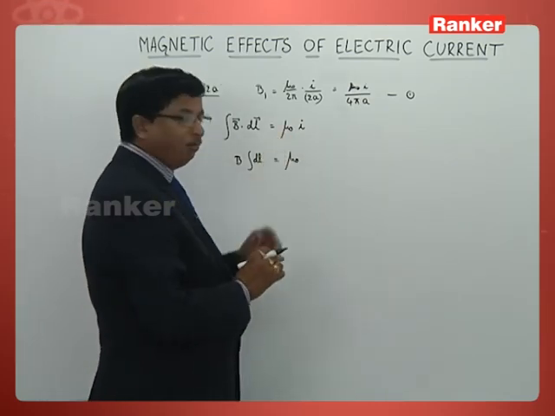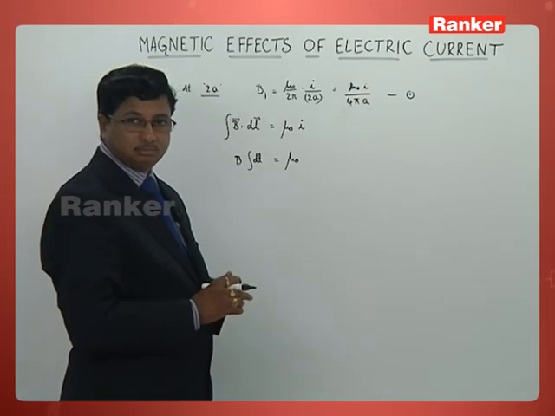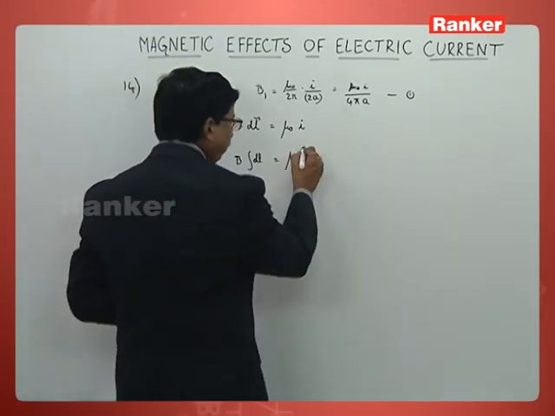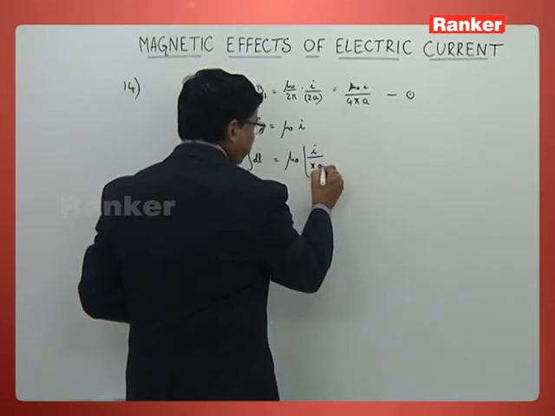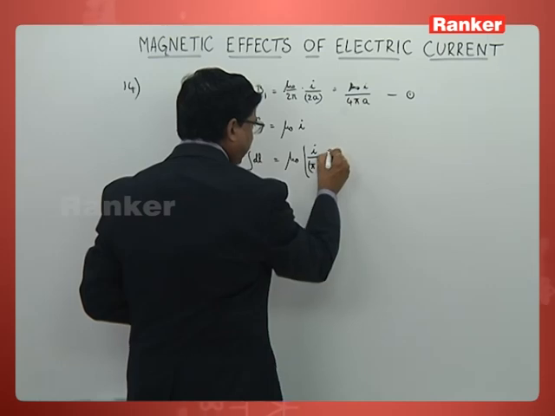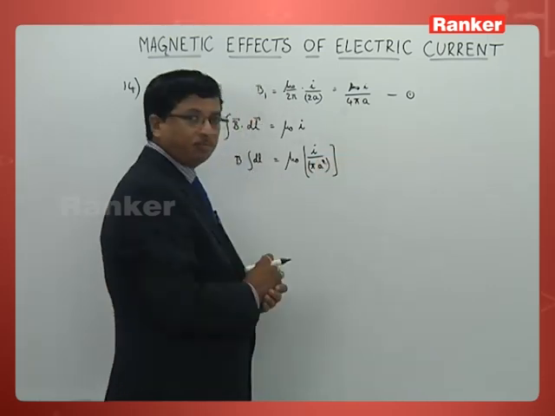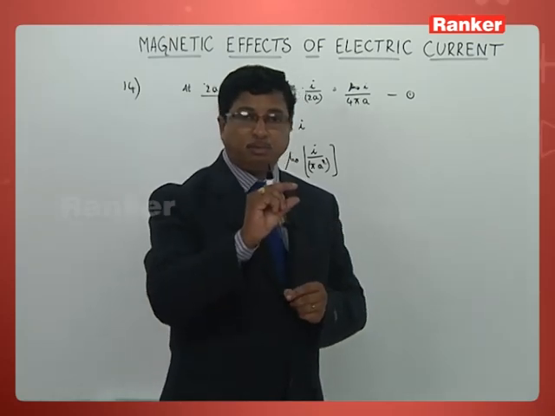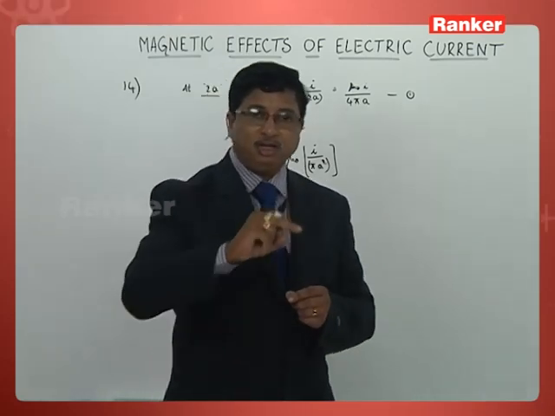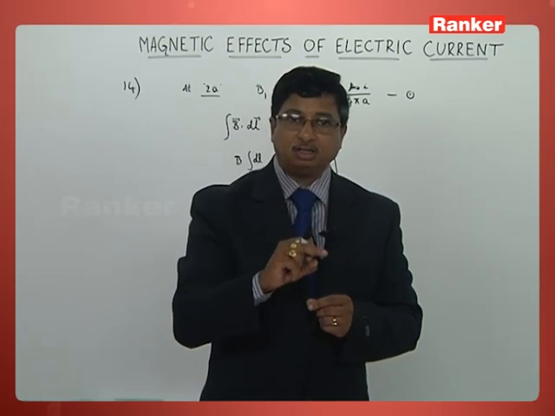How to take this value of I now? If I consider, the current per unit area is I by pi a square. Now what is the present area when the distance is a by 2? What will be the area of that particular circle?